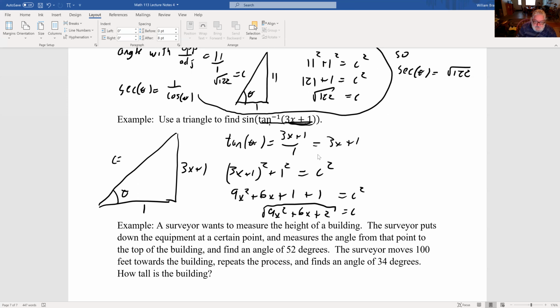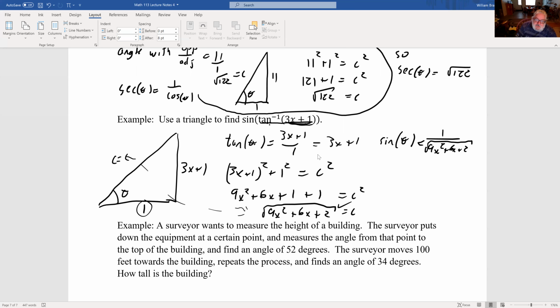So c equals this thing. That's my hypotenuse. So what's the sine in this triangle? Sine of theta is adjacent, which is 1, over hypotenuse, which is this c here, the square root of 9x squared plus 6x plus 2.